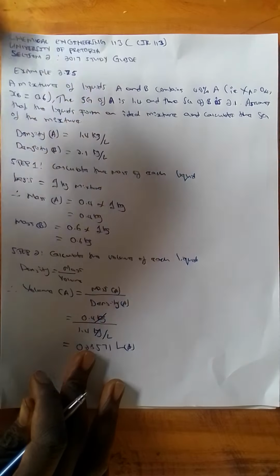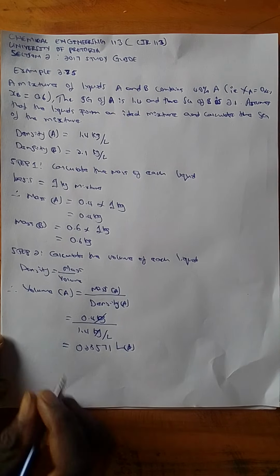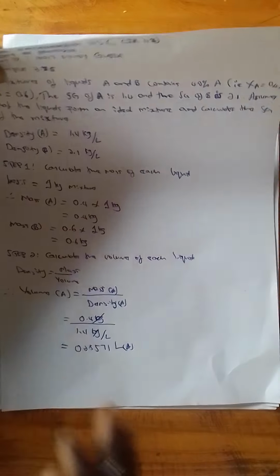Now that is our A, so we can go further to say, the volume of B is equal to the mass of B over the density of B. That means, well, the mass of B we calculated from here to be 0.6 kilograms.